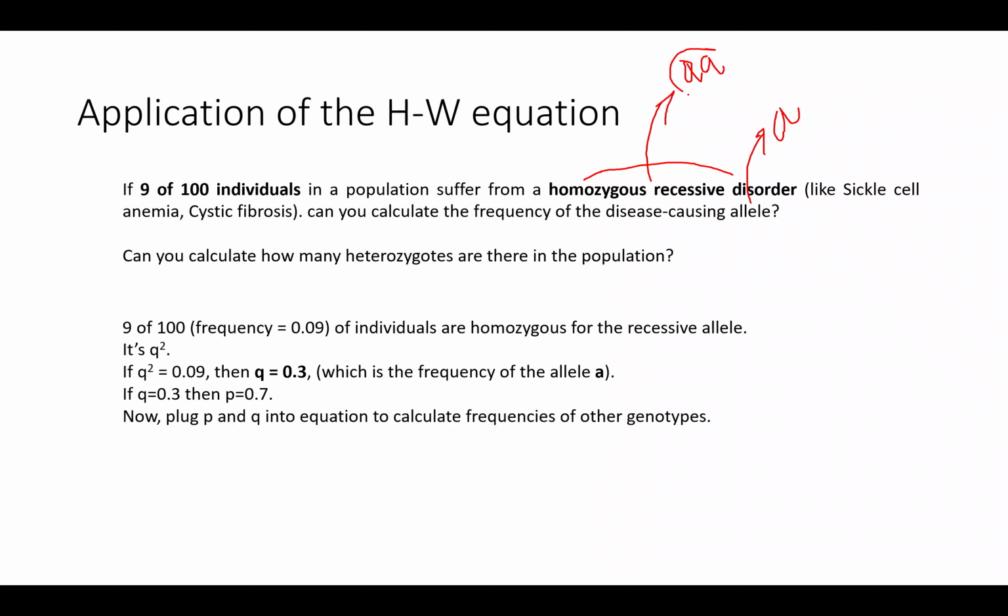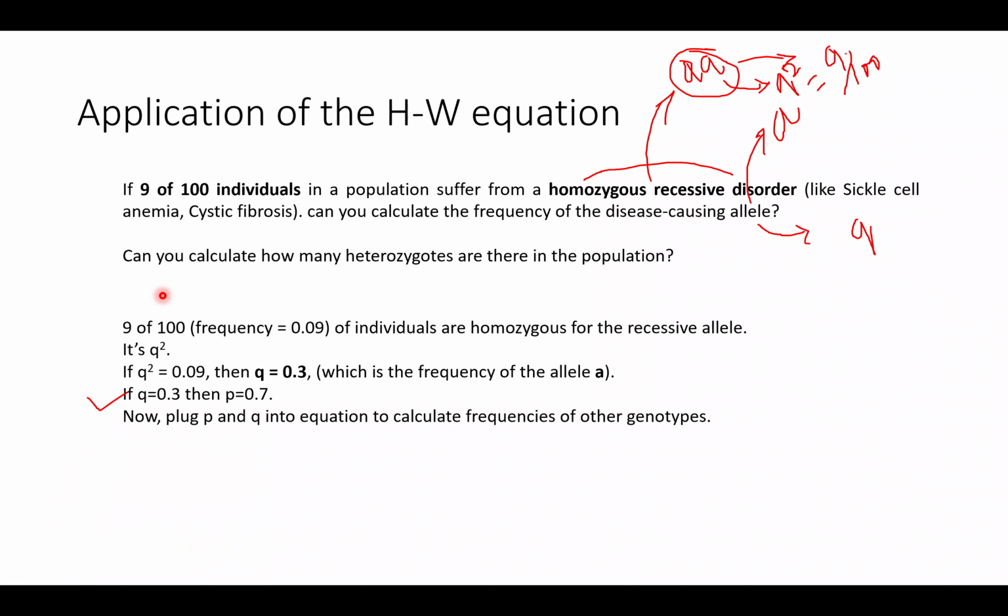So the frequency of small a homozygotes is 9 out of 100. So small a twice means q square. q square is equal to 0.09. But here you are asked to find q. So from q square you can find q.